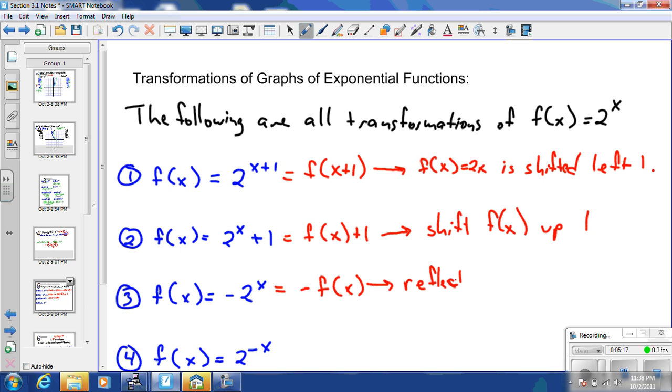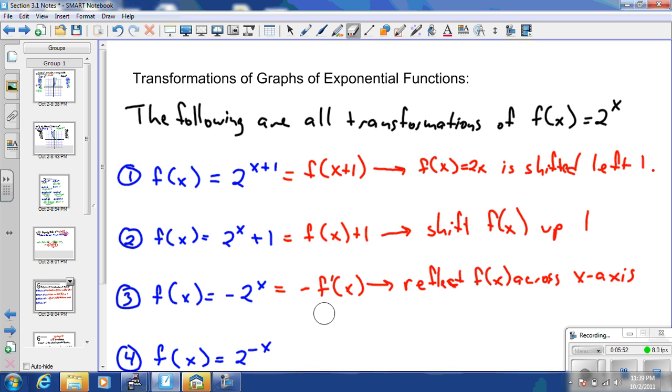Reflect f of x across the x-axis. So in other words, if I plugged in a 2 into this function, I got 2 squared is 4. Now when I plug in a 2, this becomes negative 4. So instead of plotting that point up above the x-axis, we're going to plot it down below the x-axis. So that demonstrates the reflection there.